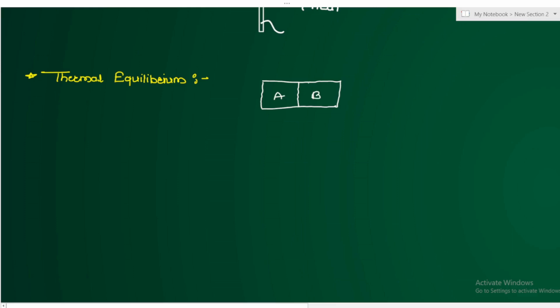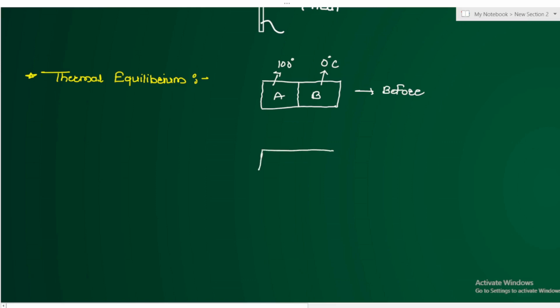Suppose here are the two systems, system A and system B. System A has temperature 100 degrees Celsius and B has temperature, suppose, 0 degree Celsius. This is the first condition, or before equilibrium. And after equilibrium what will happen?